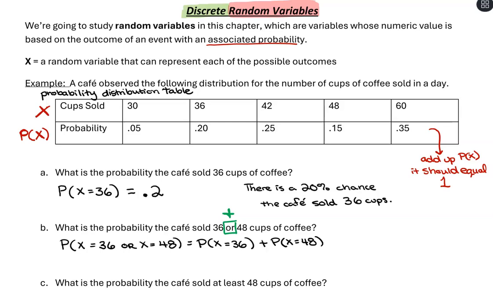And those two numbers I can grab from the table. So I'm going to have 0.2 plus 0.15 to get 0.35. So there is a 35% chance the cafe sold 36 or 48 cups of coffee in a day.